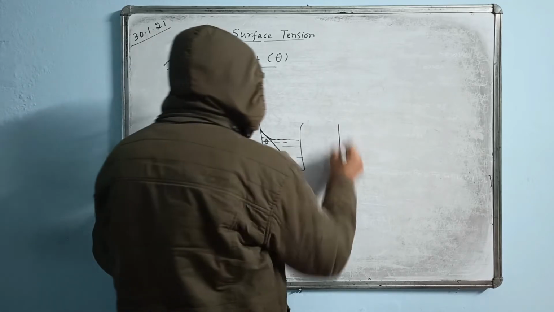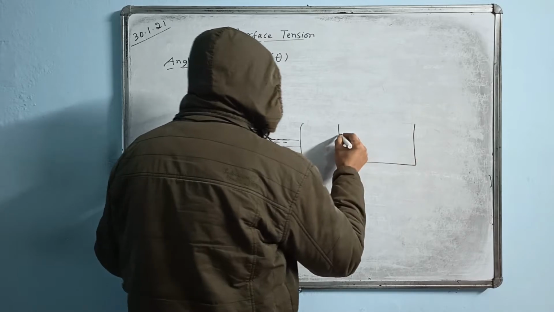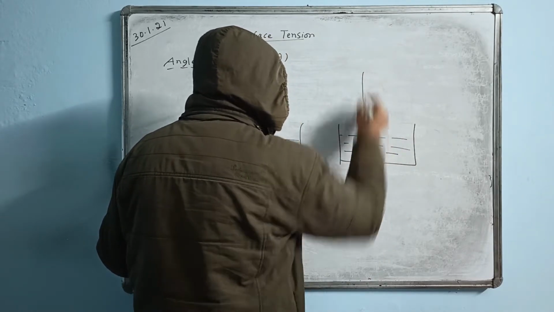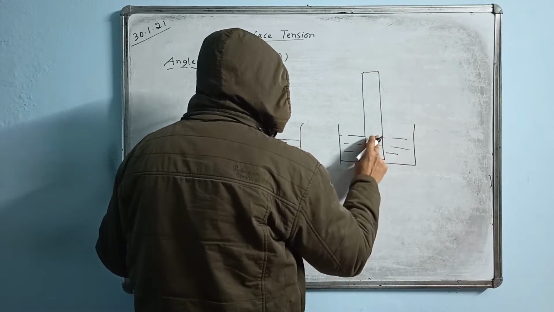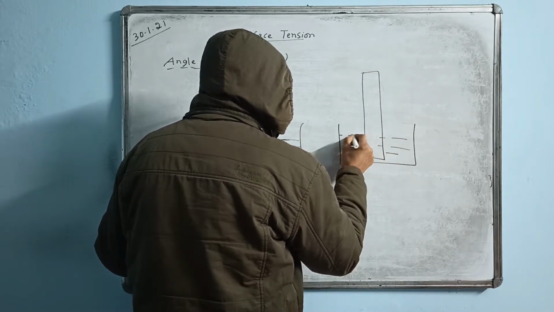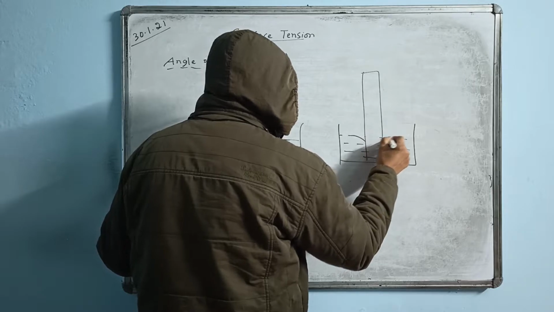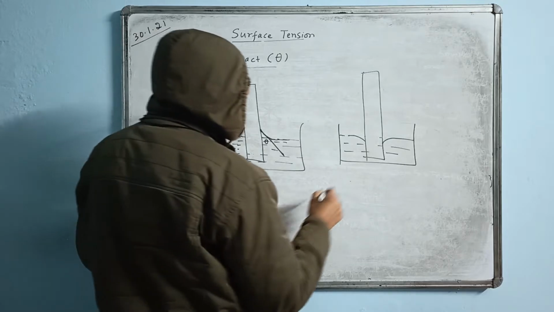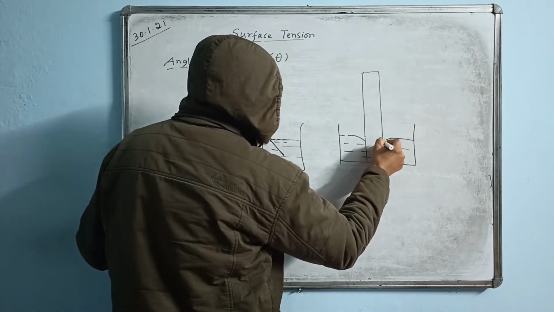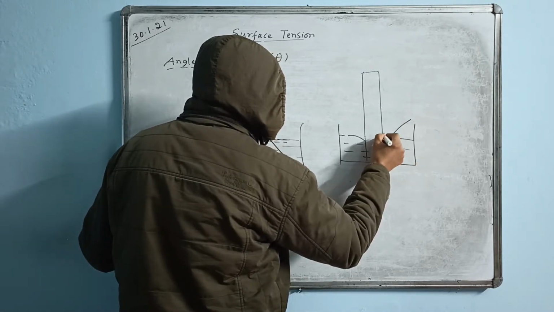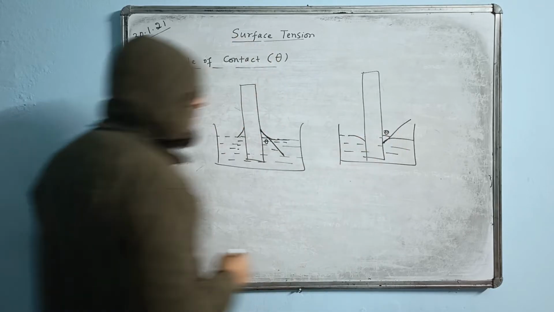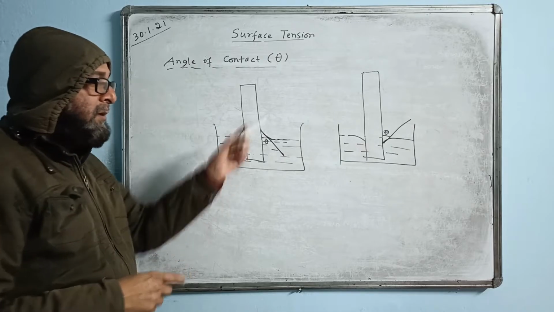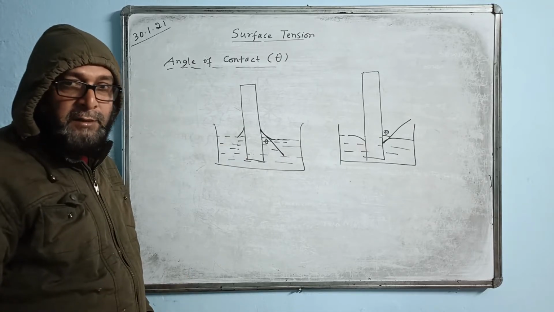Similarly, if we have a liquid like this, and the solid is immersed in this direction, but now we have this kind of curve formed here. So what is the angle of contact? We draw a tangent on this, and this angle theta is the angle of contact.